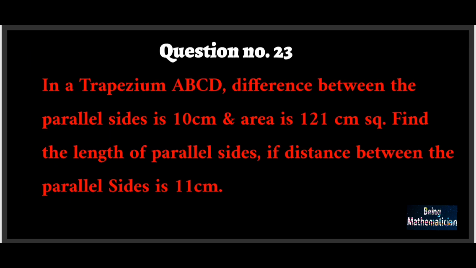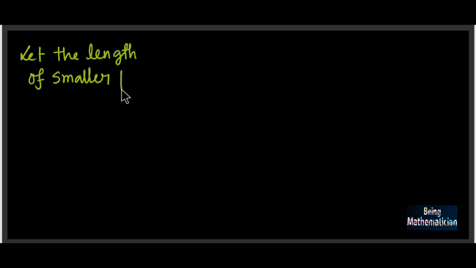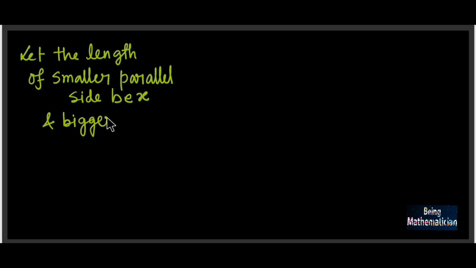So the length of B is 20 centimeter. Question number 23. Let the length of the smaller parallel side be x and the bigger side be x plus 10 centimeter, since the difference of the sides is given as 10 centimeter.